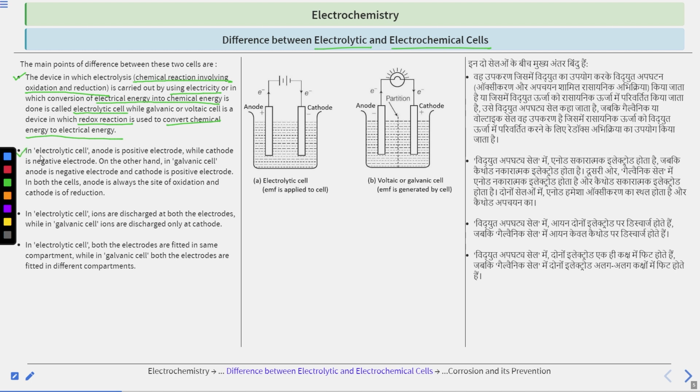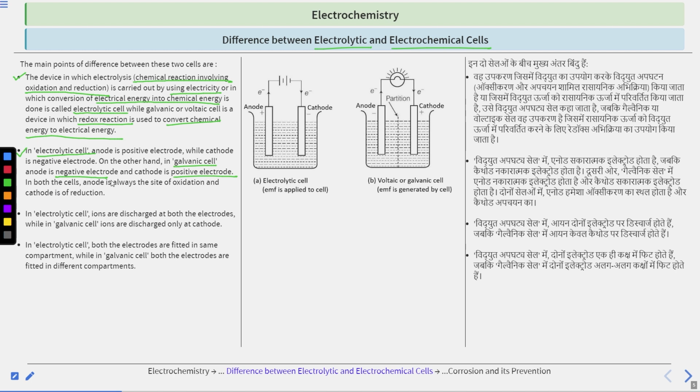Now in an electrolytic cell, the anode is the positive electrode while the cathode is the negative electrode. On the other hand, in a galvanic cell, the anode is the negative electrode and the cathode is the positive electrode.